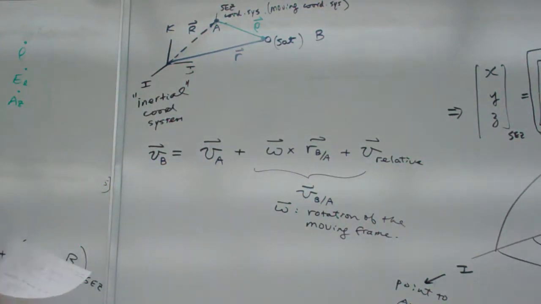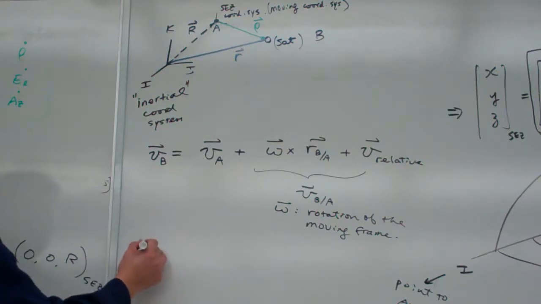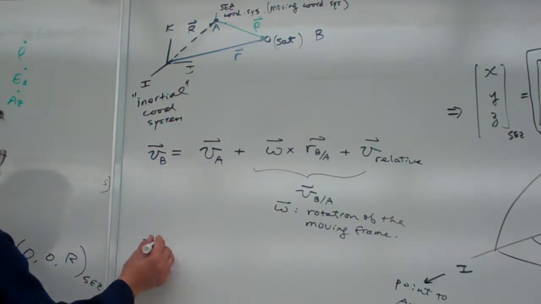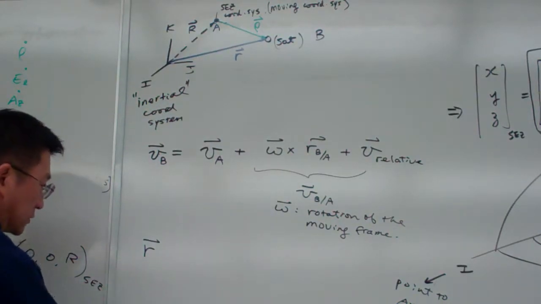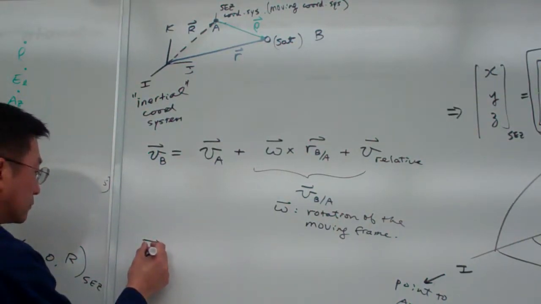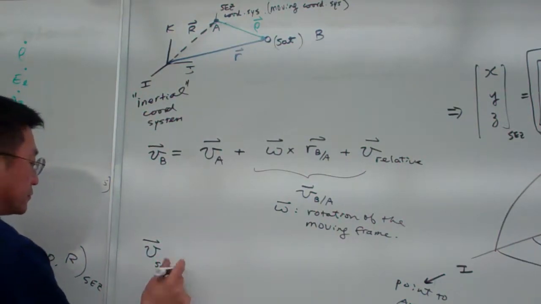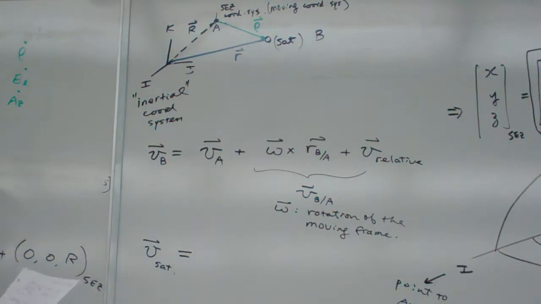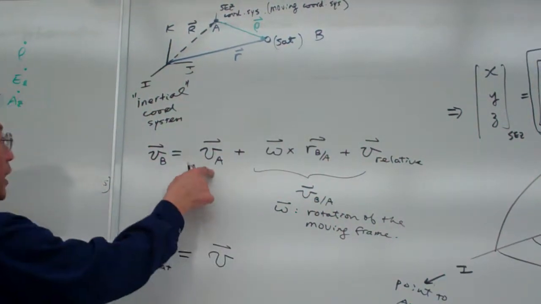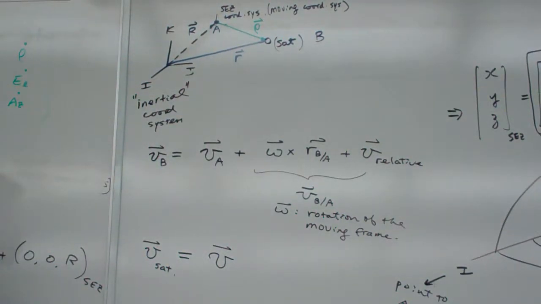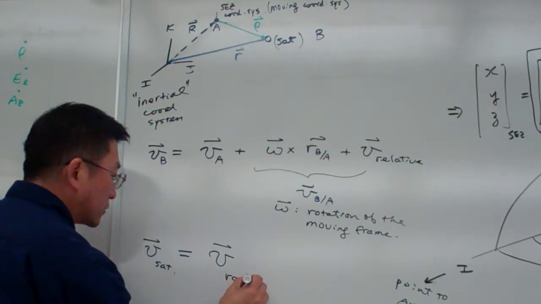With this fundamental equation, let me plug into our equation here. VB is what we're going to measure, the velocity of the satellite, V. That is equal to V at A, which is now our radar site, so V at the radar site.